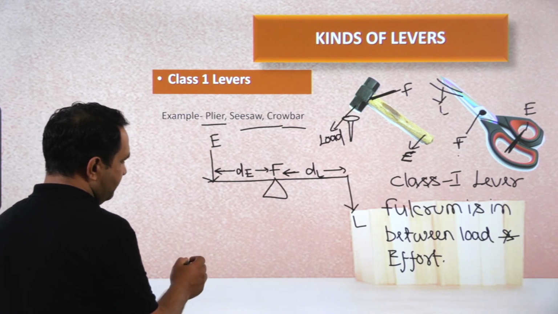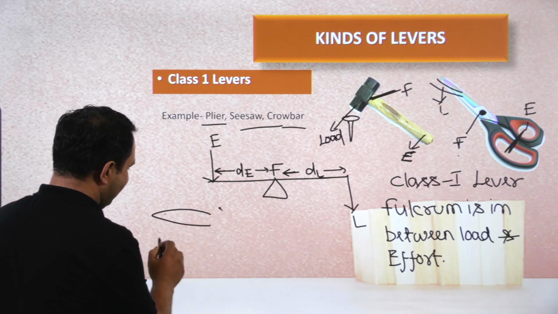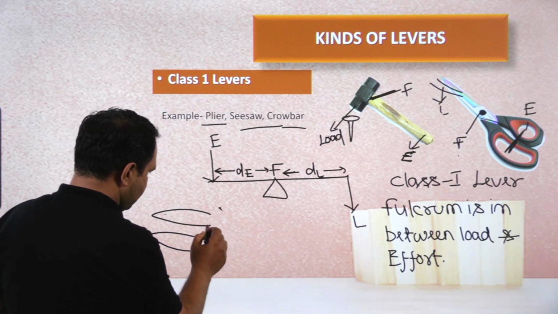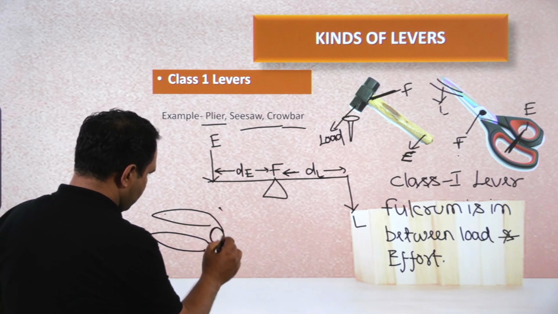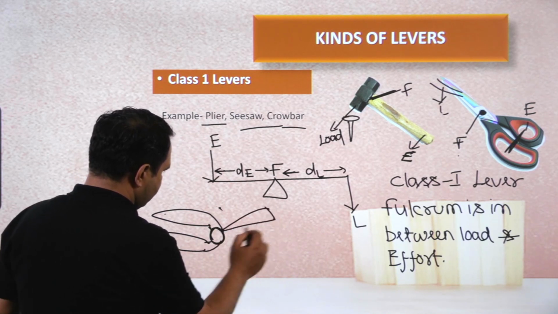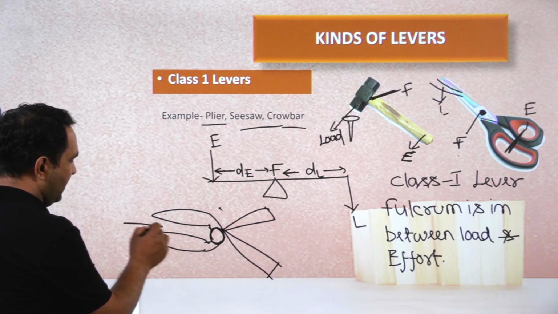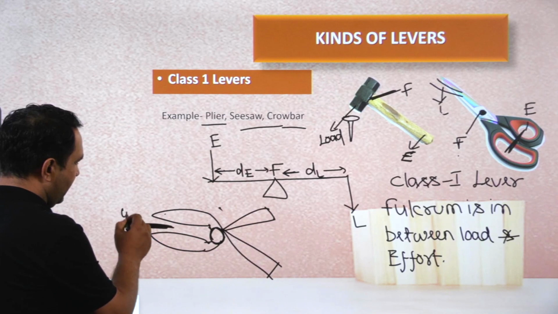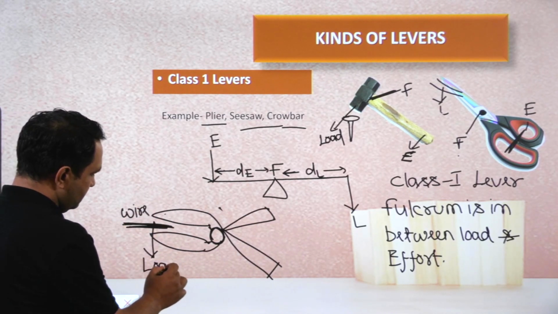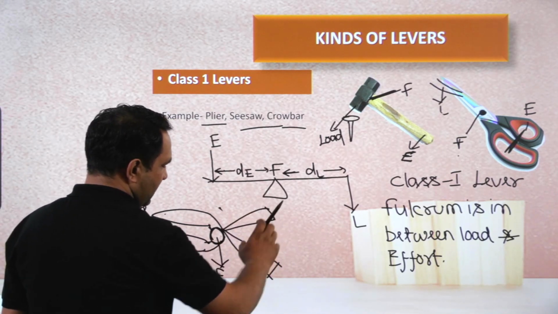Similarly, for the crowbar, let's draw a plier. Have you seen a plier? Something like this, fixed at this point, and these are the handles. We keep some wire here, so this is the load. This is the fixed point, the fulcrum, and here we apply effort.